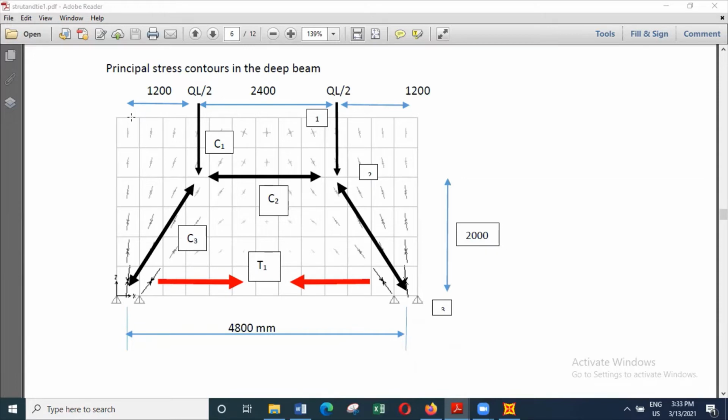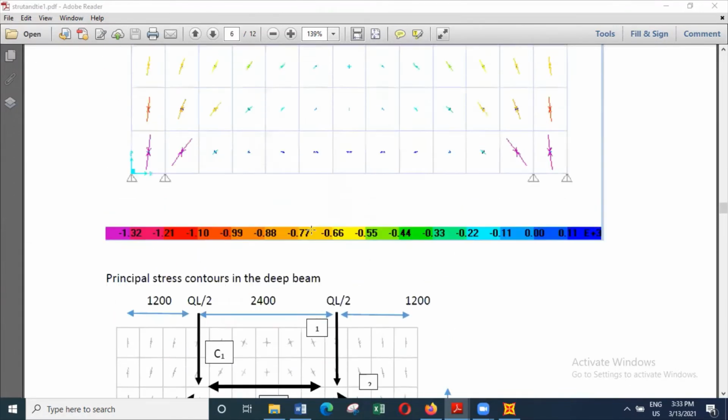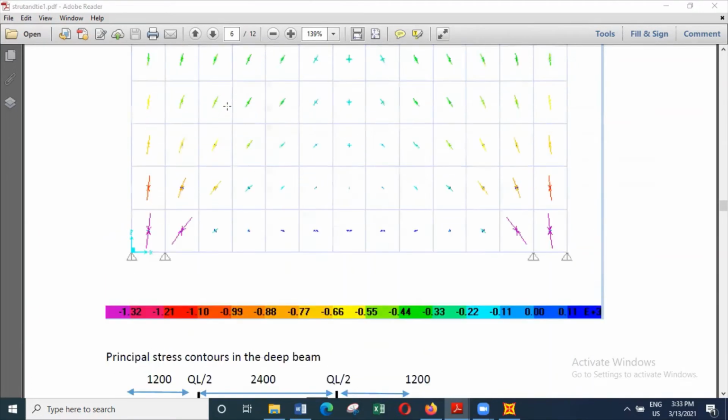So in this area and this area, the load will be transferred here. This length is 1,200. The side is 2,000. So you can actually work out this angle, and the guidance for the angle comes from this particular FEM model.